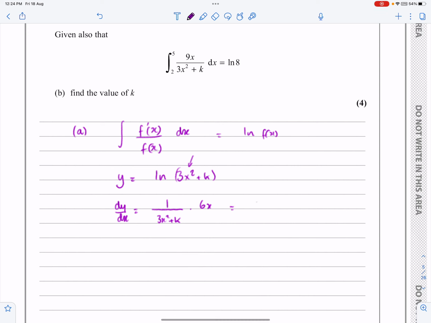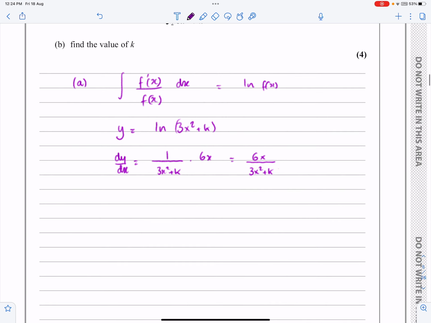So what that means is that the derivative is 6x over 3x squared plus k, and so the integral of 6x over 3x squared plus k would work out to be log of 3x squared plus k. Well, I haven't got 6x, I've got 9x, so I've got 3 over 2 lots of that, 1.5 lots of that.